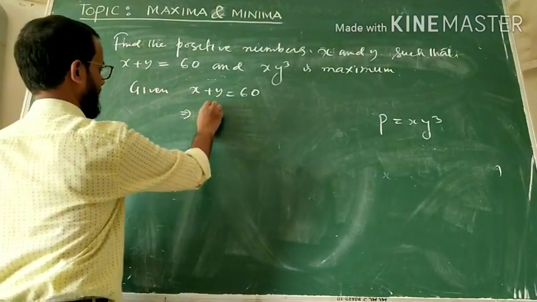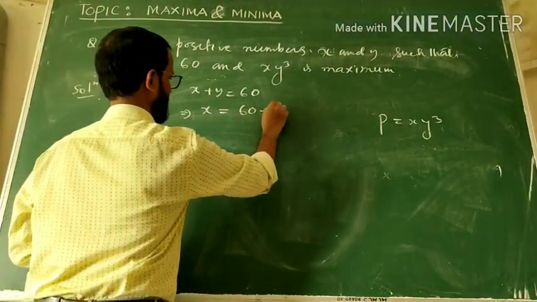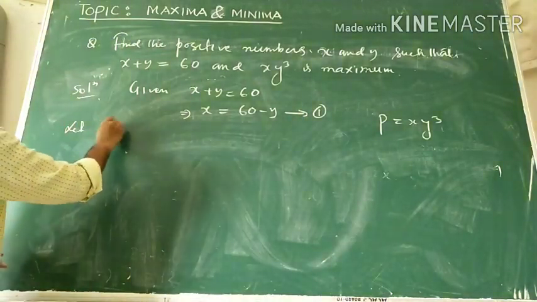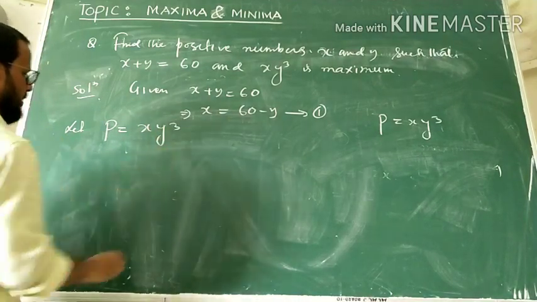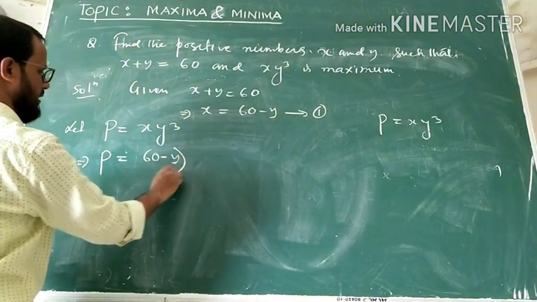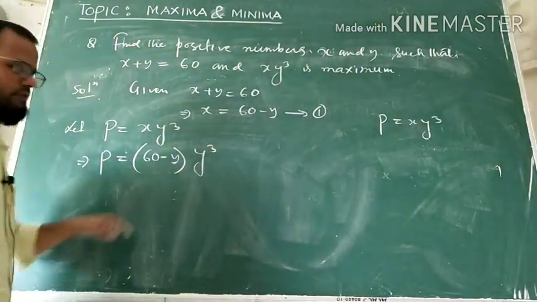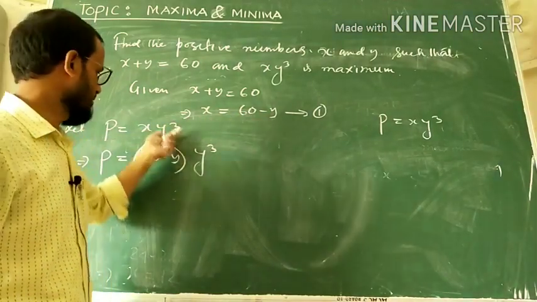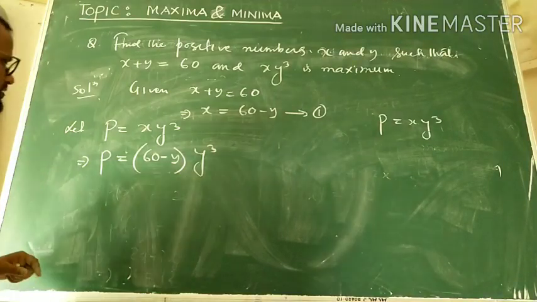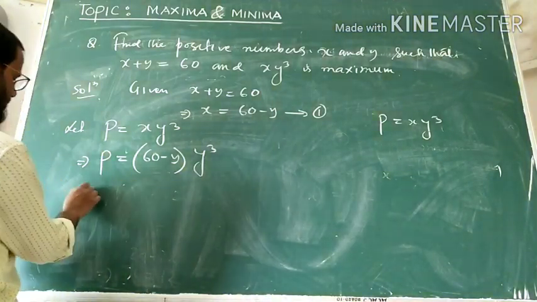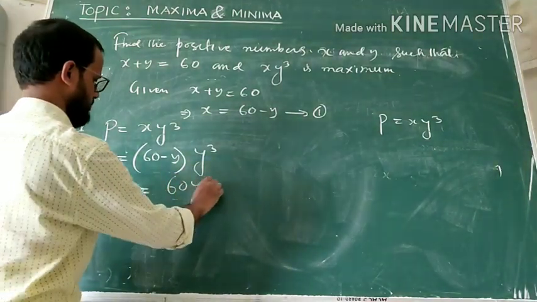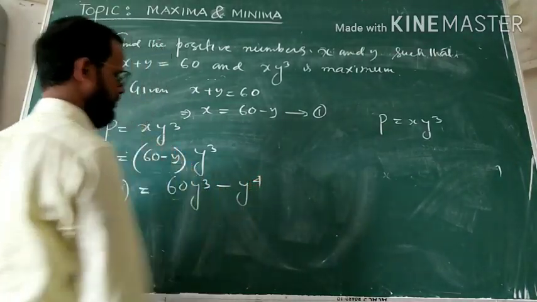Here we are replacing x in terms of y. This is relation number 1, and let this product p equal to x y cube, and you replace x by y, then it is 60 minus y into y cube. If you replace y by 60 minus x, then it will be 60 minus x whole cube, and we would have to expand it, so more difficulties will be there. So finally this is a function of y, p y equal to 60 y cube minus y to the power 4.